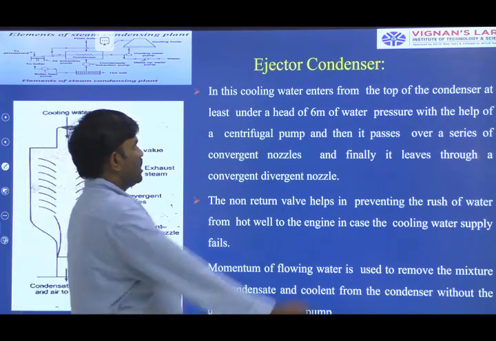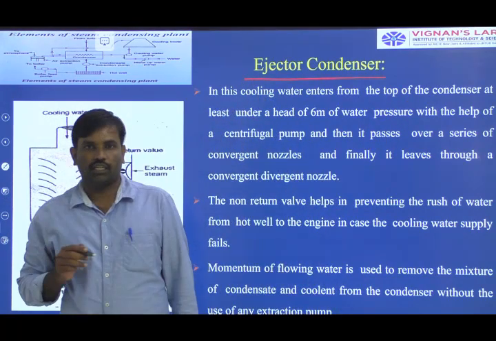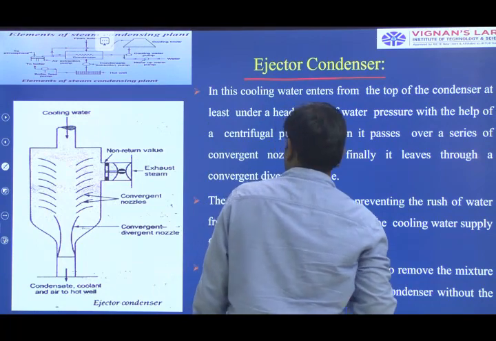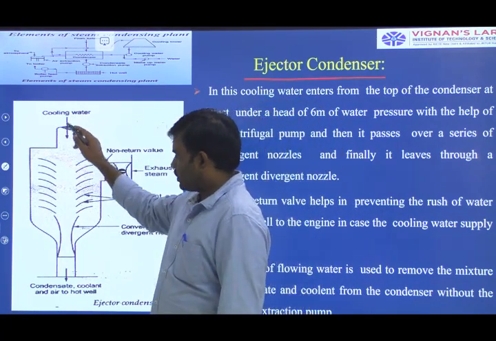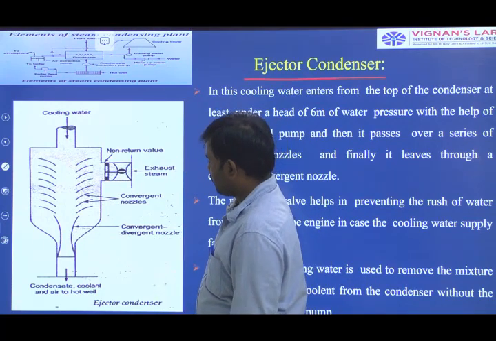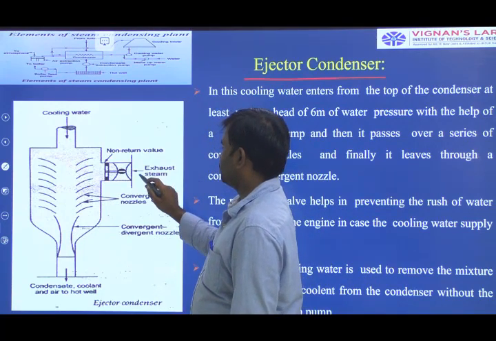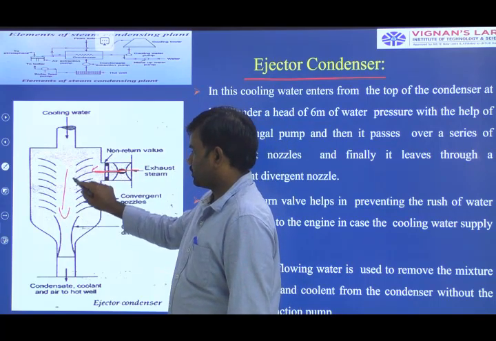Next one is the ejector type of jet condenser. In the case of the ejector type of jet condenser, see the arrangement. Cooling water is flowing in the downward direction and exhaust steam we are introducing here. Both are flowing in the same direction.